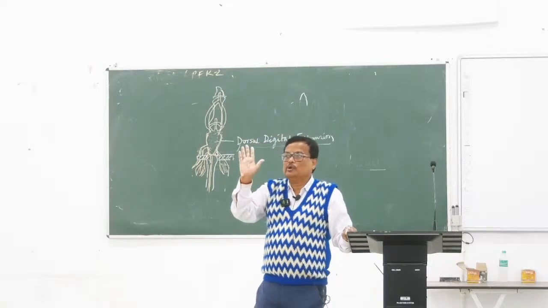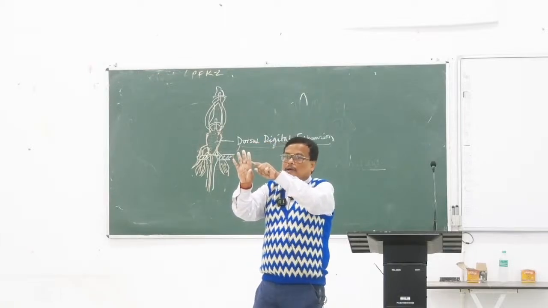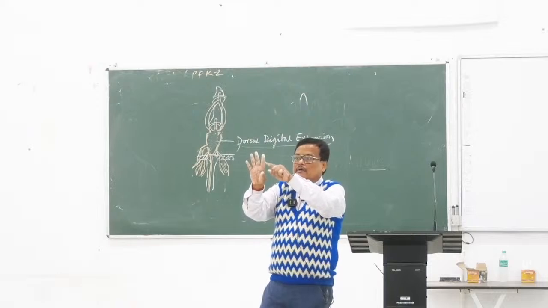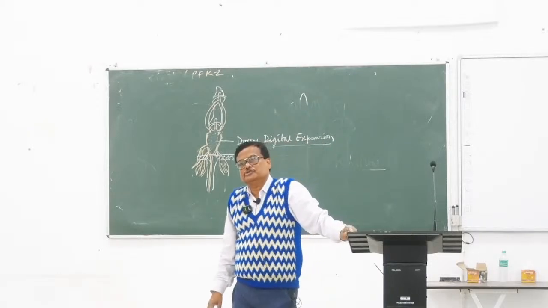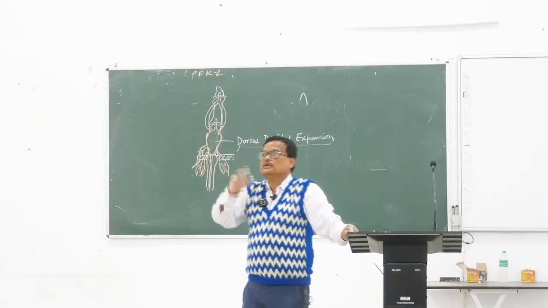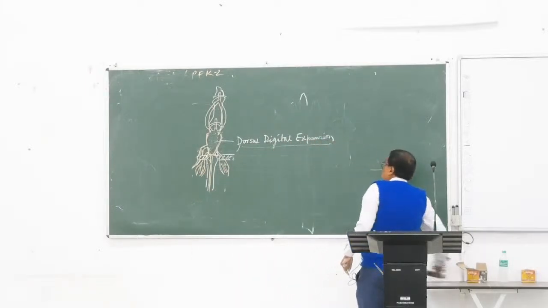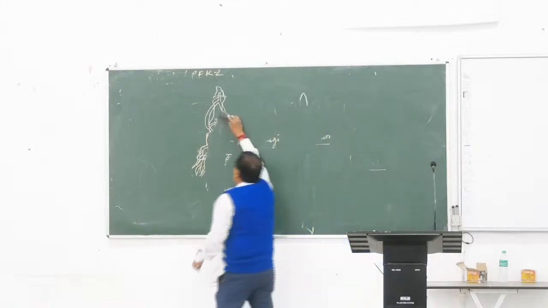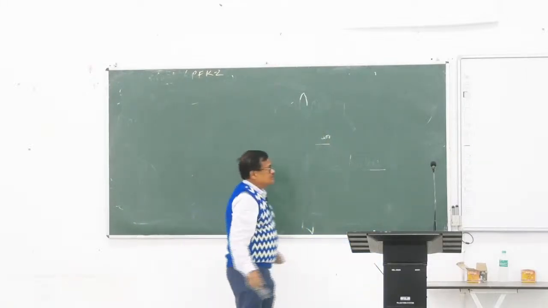And the main function of the extensor digitorum is extension of the terminal phalanx, prolonged by extension of the proximal interphalangeal and metacarpophalangeal joints. Often a short note on the dorsal digital expansion can be asked, so I told you. So here we end all the chapters of the superior extremity.